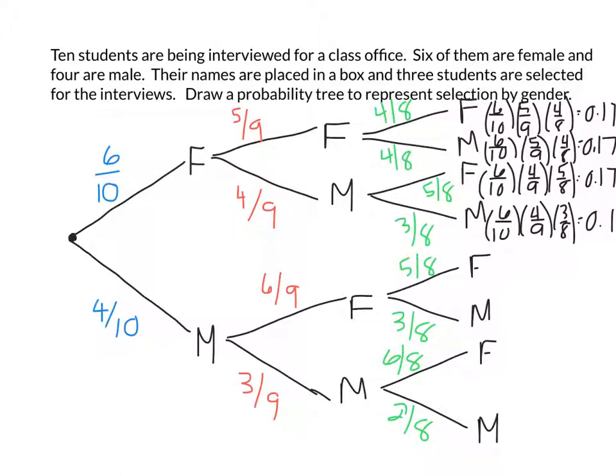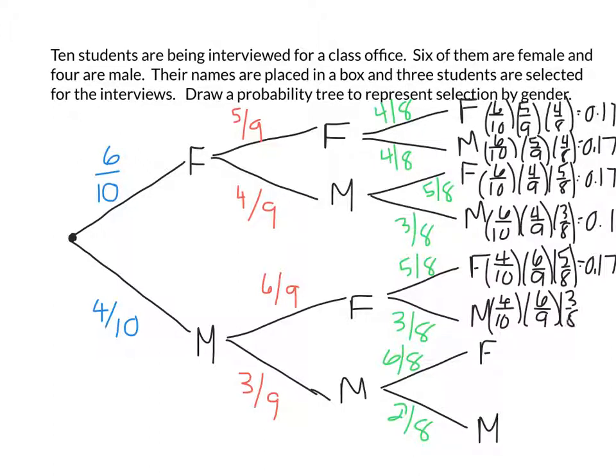Down on our next set of branches, we'd have 4 out of 10 multiplied by 6 out of 9 multiplied by 5 over 8, which will give us the 0.17. Next one would be 4 out of 10 multiplied by 6 out of 9 multiplied by 3 out of 8 will give us 0.1.